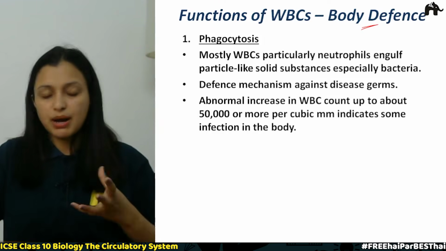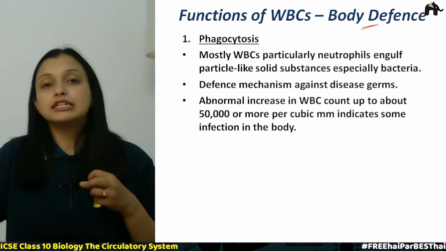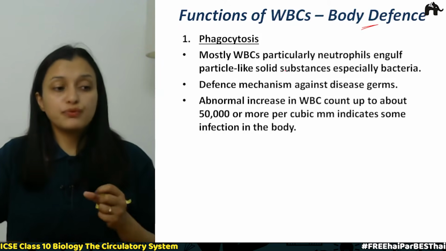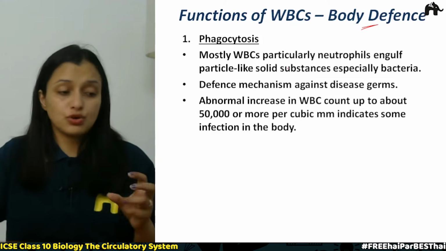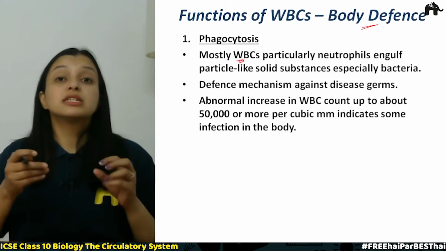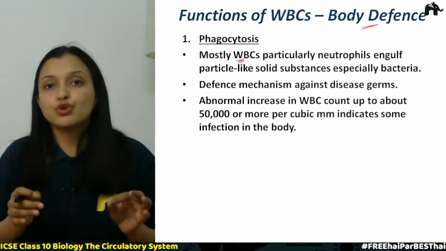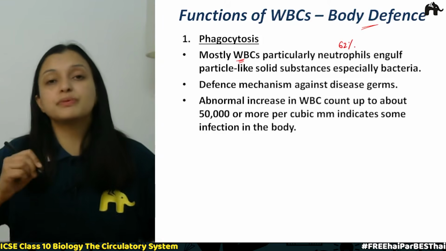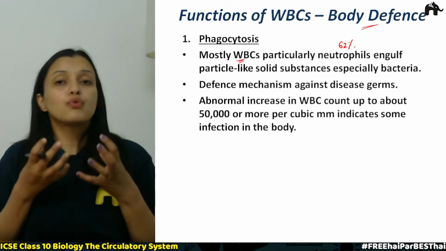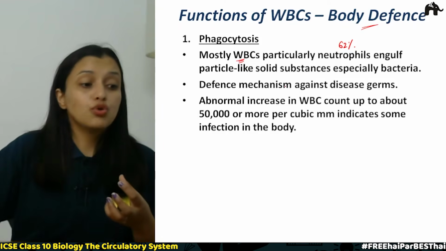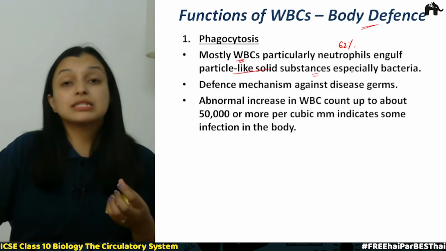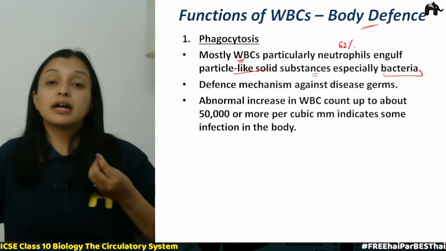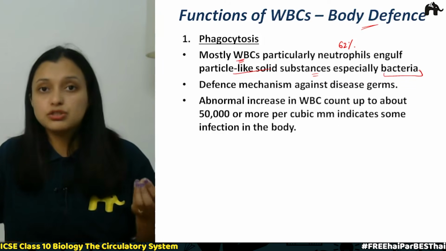When we talked about the different types of WBCs, we spoke about phagocytosis, especially by the neutrophils, which are highest in number, around 62% of all the WBCs. They engulf solid particles, especially bacteria. This is a defense mechanism against disease-causing germs.